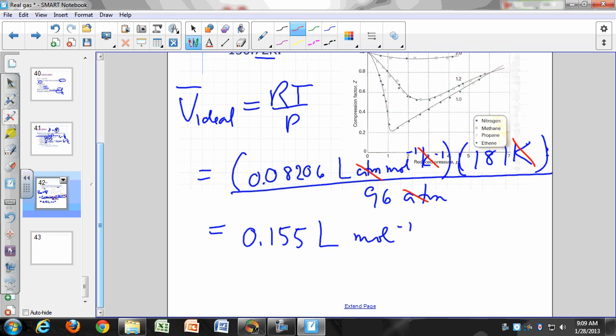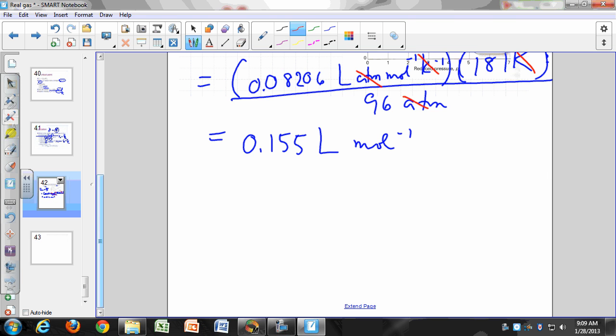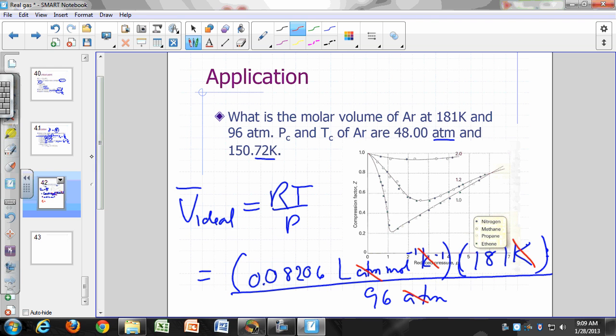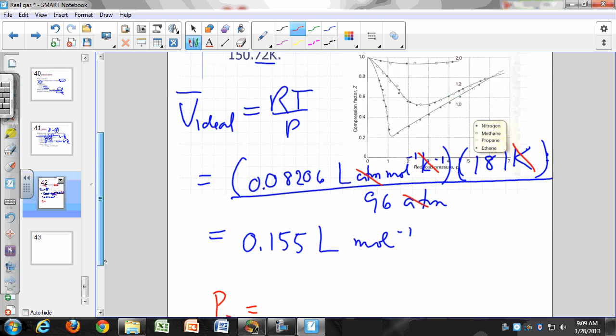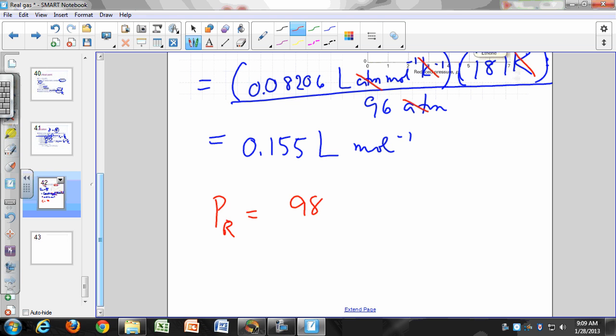Right? Ideal molar volume. What's our expected Z? First of all, what's our reduced pressure? How do we calculate reduced pressure? The actual pressure divided by critical pressure, which is 48. So 96 divided by 48.